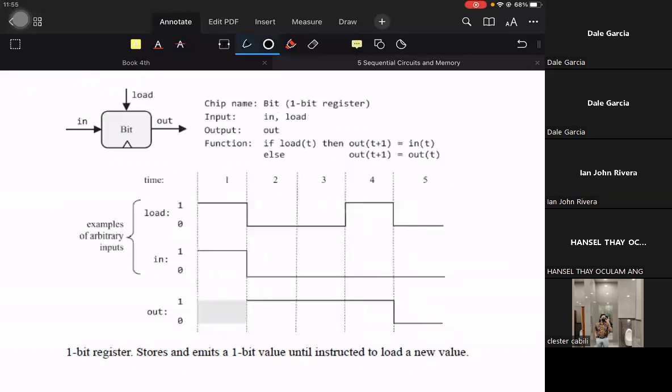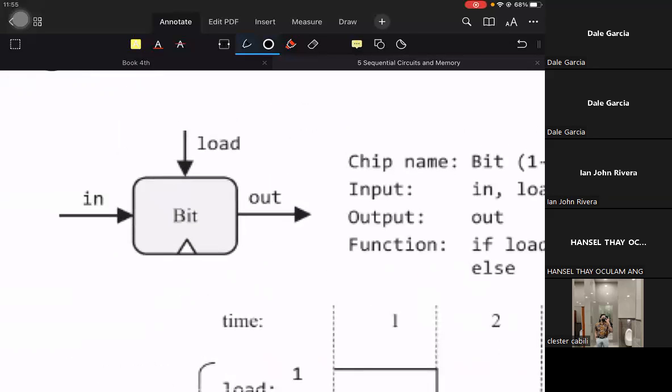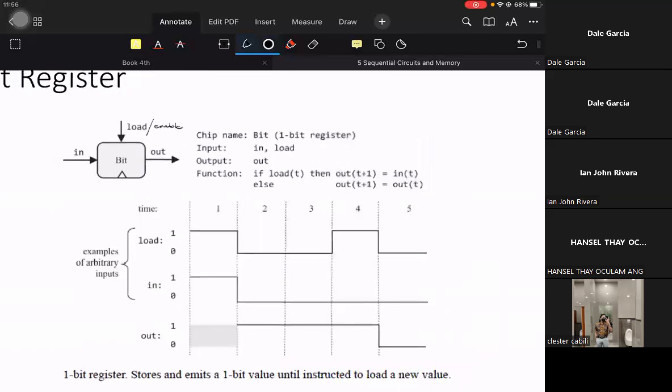So its function is: maybe another term for the load pin is enable. Maybe in your books, the term they use is enable.